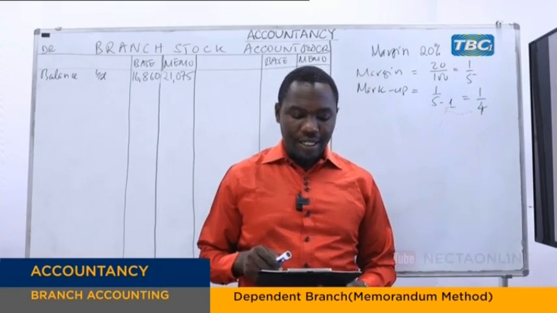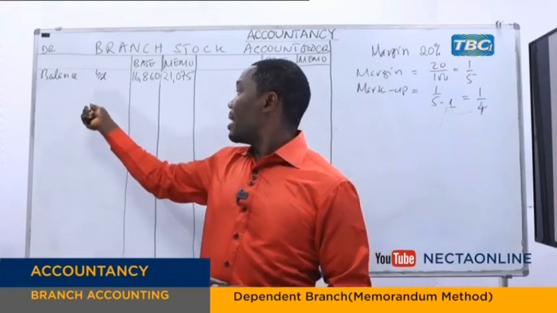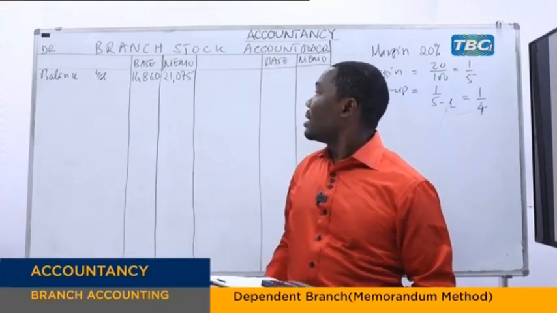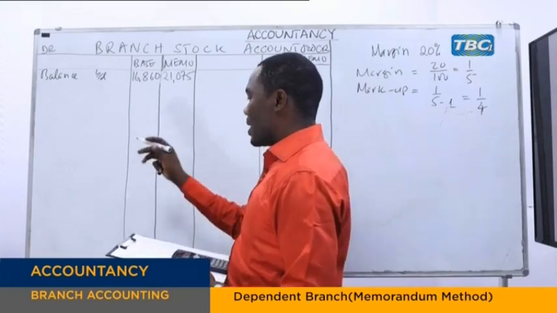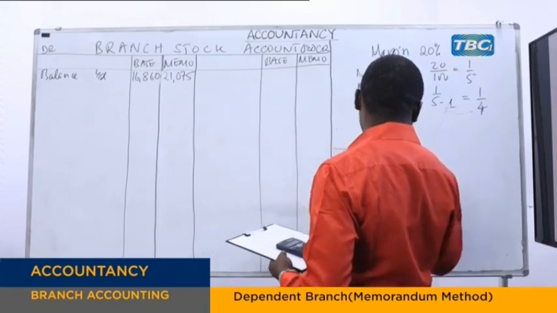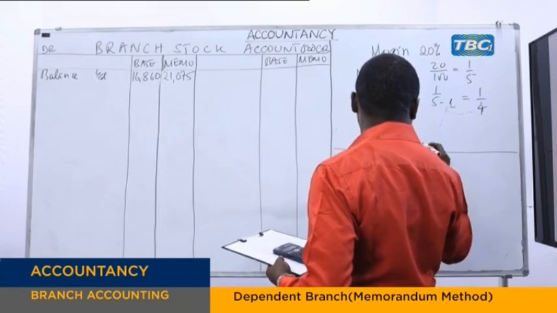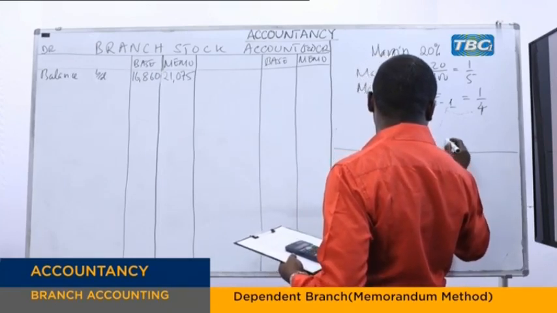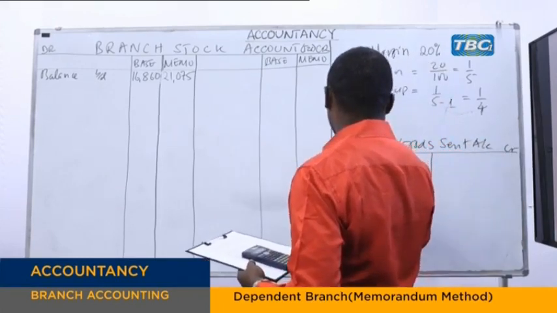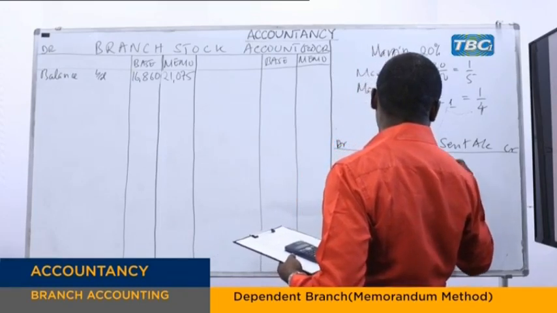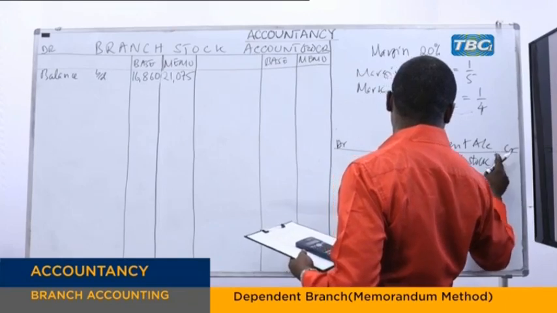Goods sent to branch at selling price. There are goods sent to branch. This normally increases the balance of our stock in the branch stock, and of course normally when goods are sent, as I said previously, if you open up the goods sent account, we credit it by debiting branch stock, but this should be at cost.